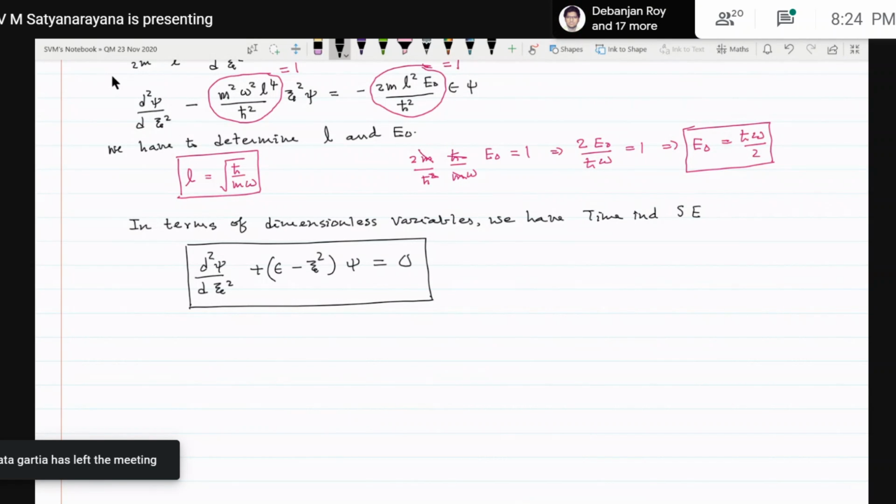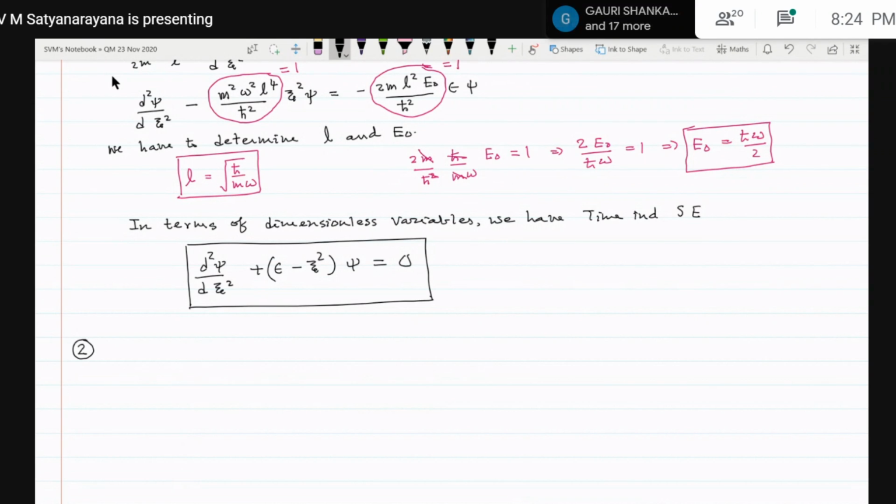So first, in the second step, we will look at the asymptotic form of the solution, that is psi of xi as xi goes to plus or minus infinity.